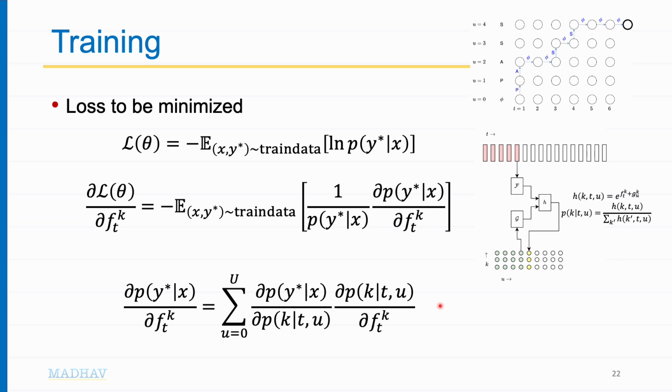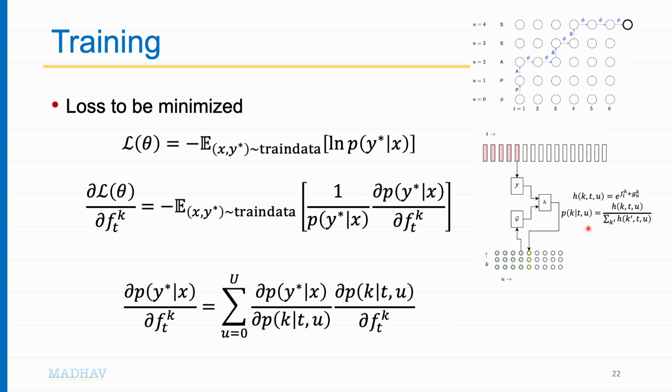What is the derivative of the loss function with respect to some other node, some K2 node, which is not K1? It will also be non-zero. Why? Because look at the denominator here. In the denominator, you have all possible values of k.